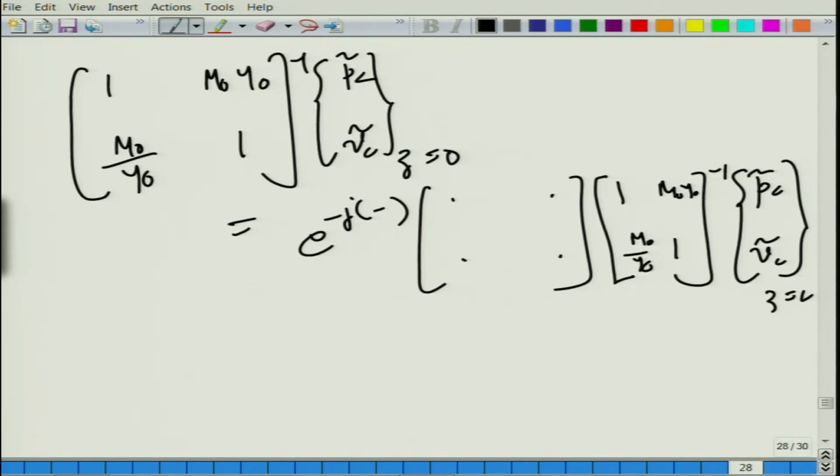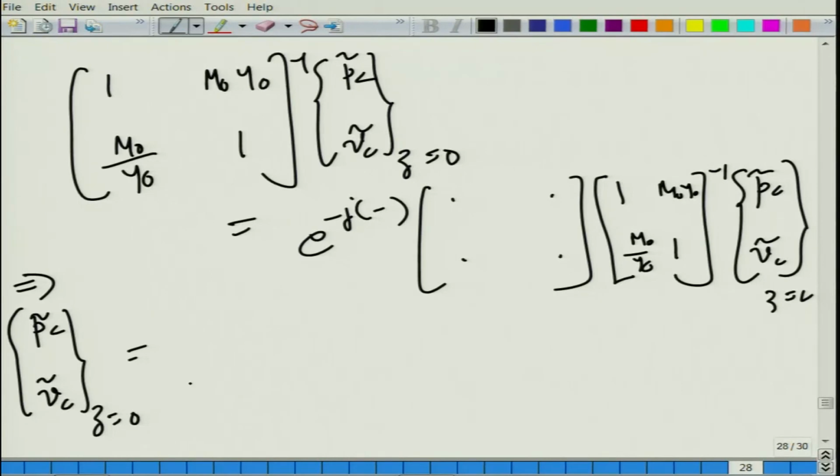Now we need to pre-multiply this thing, so P_c V_c at z equal to 0 is the inverse of this, and you need to multiply with the same matrix again.